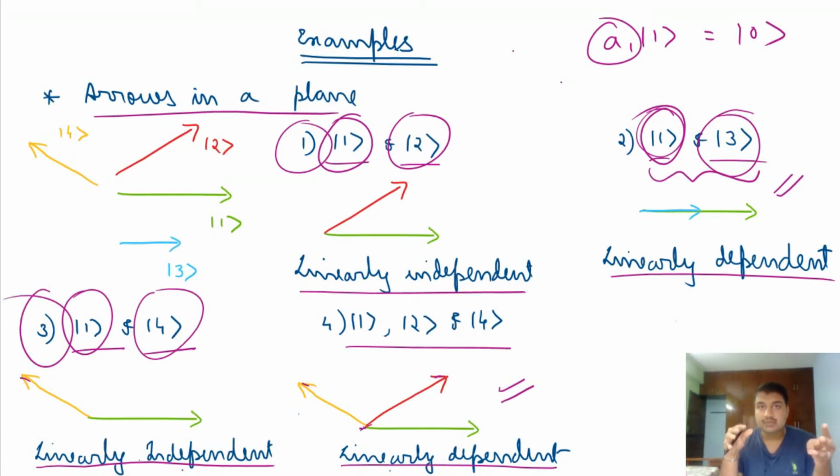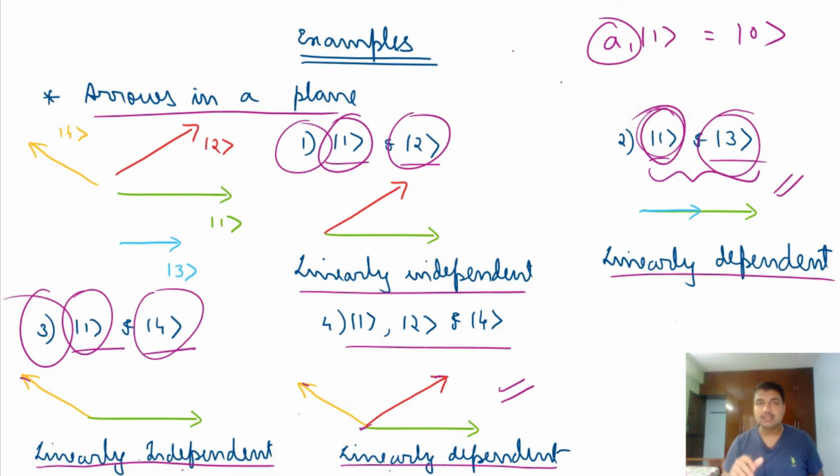But in a 5-dimensional vector space, we cannot choose, let's say, 7 vectors which are linearly independent, because then it violates the definition of the dimension of a vector space, which is nothing but the maximum number of linearly independent vectors that we can pick from that vector space.